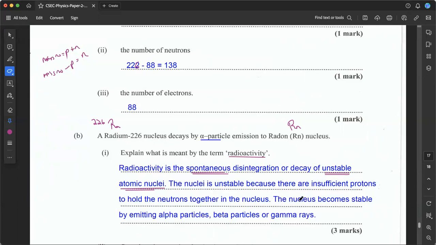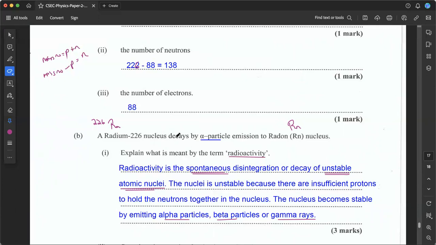The nucleus becomes stable by emitting either an alpha particle, a beta particle, or gamma rays. That's how this unstable nucleus gets to a place where it's okay now, it's stable, right? And in order to get there, the unstable nucleus will spontaneously disintegrate, emitting either alpha, beta, or gamma radiation, right?